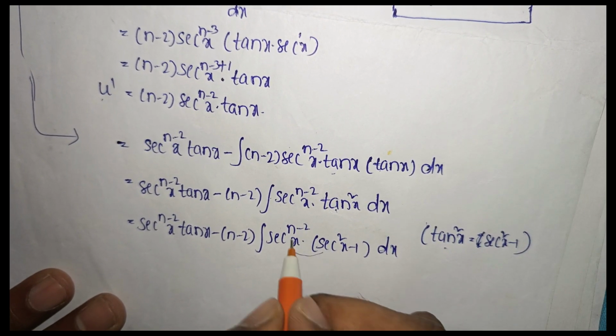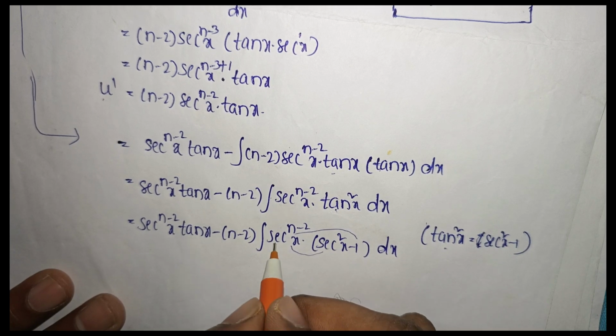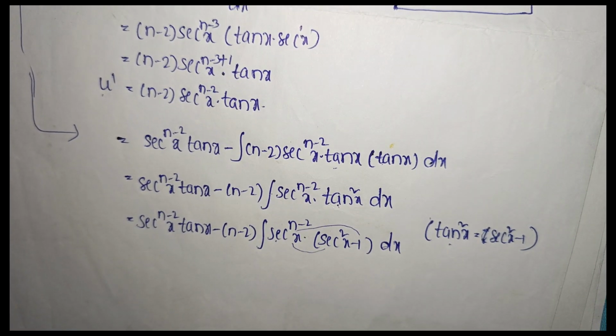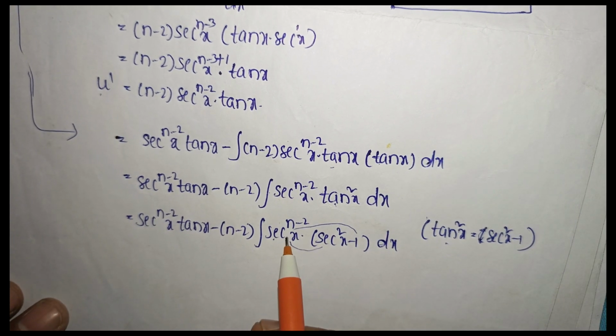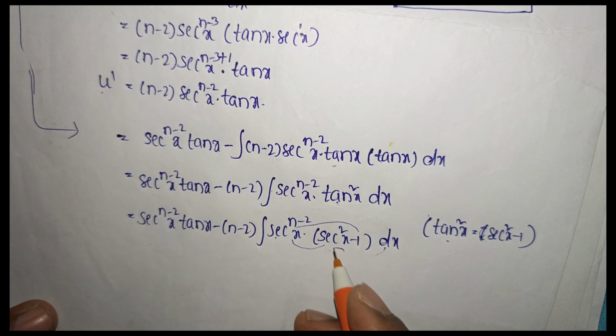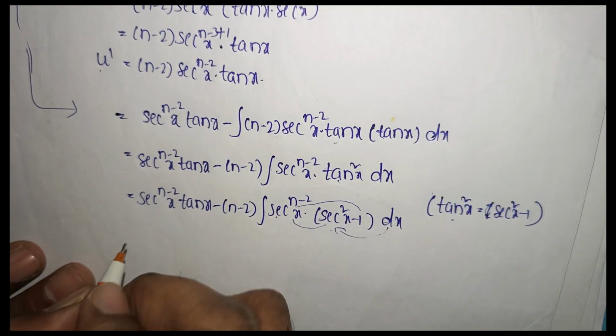Now we have to multiply this. Multiply secant to the power of n minus 2 x with secant square x minus 1, right? And also multiply this dx at the same time. So what we get here?